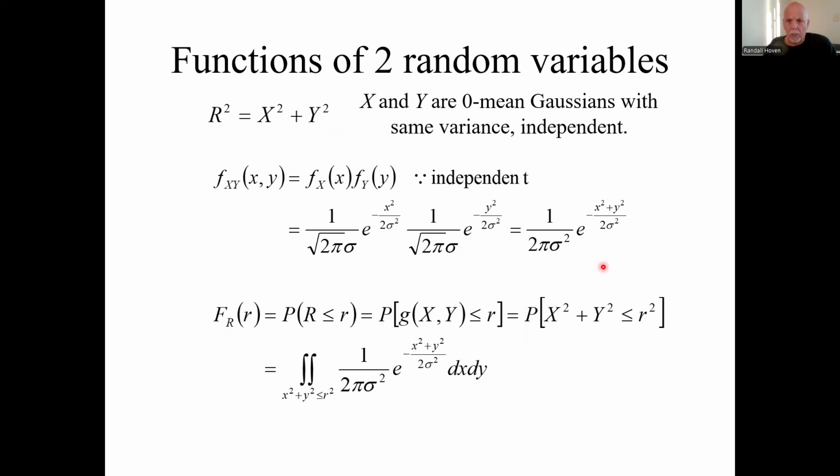So what does that mean? We're going to integrate over the joint PDF. And since it's two variables now, it's a double integral. We're going to integrate it over the region in the xy plane where this is true. And it's going to be a circle. So there's the region.